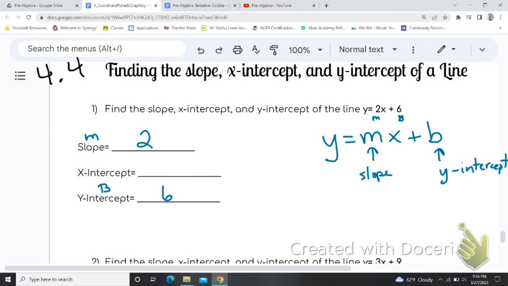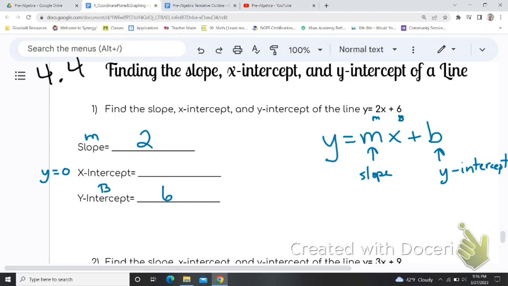Now, to find the x-intercept, and we can use this strategy also to find the y-intercept. The x-intercept, and we talked about this when we looked at a graph, if it's on the x-axis, the y has to be equal to 0. So algebraically, that's how I can find it.